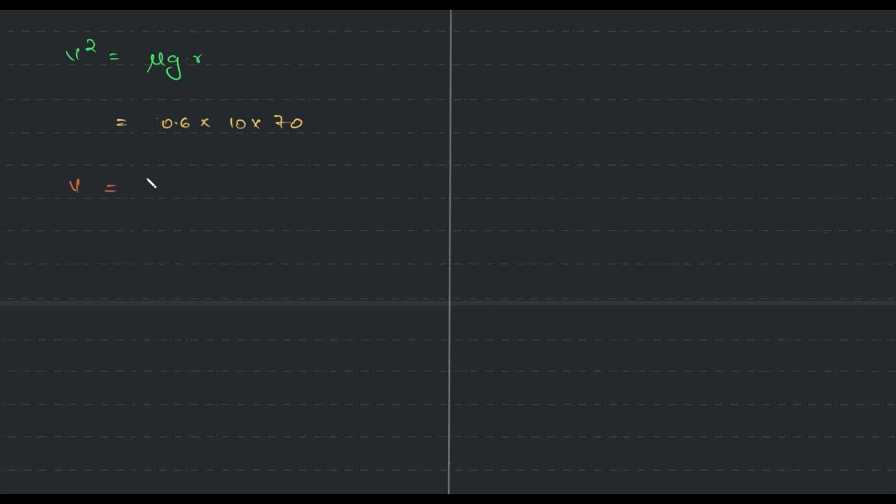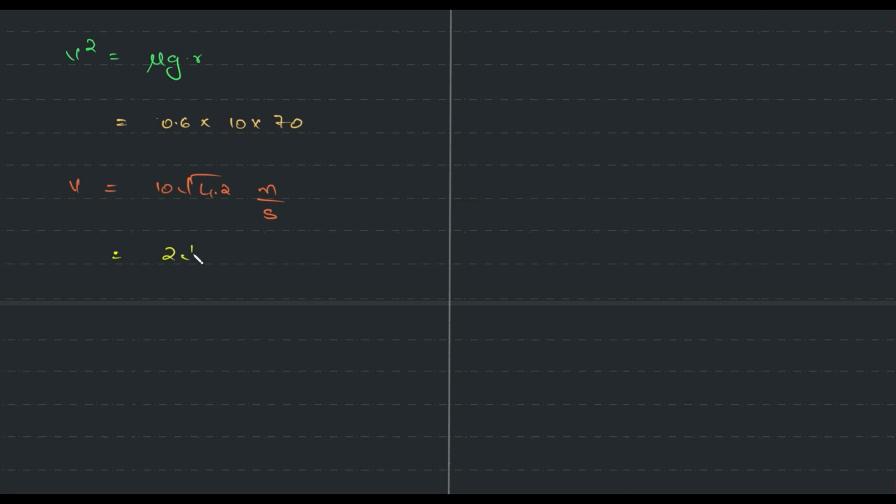Without a calculator you'll end up with the root of 4.2 into 100, meters per second. 6 into 70, right? Yeah, 420. The square root of 420 is, people generally don't write it this way.